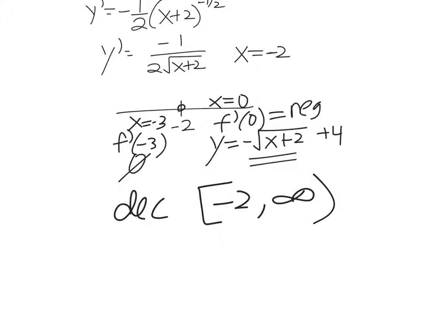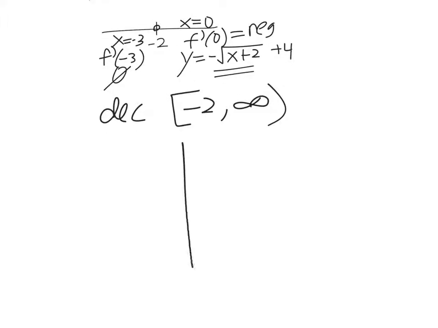If you were to graph this, you know your basic parent function for a square root looks like that. Maybe you don't, but that's what it looks like. And this one is being shifted 2 to the left and 4 up, but the negative in front reflects it over the x-axis. So do we need to make our critical point? Yeah, you need to say what the critical point is.